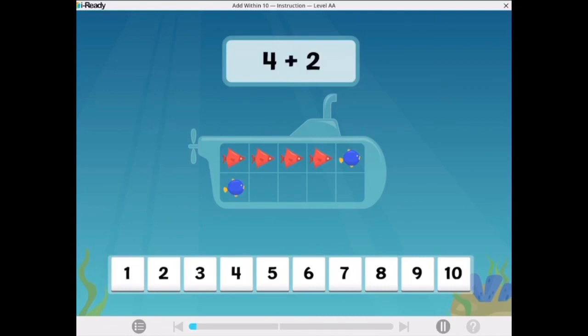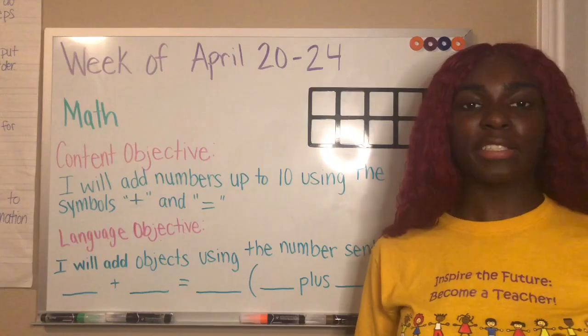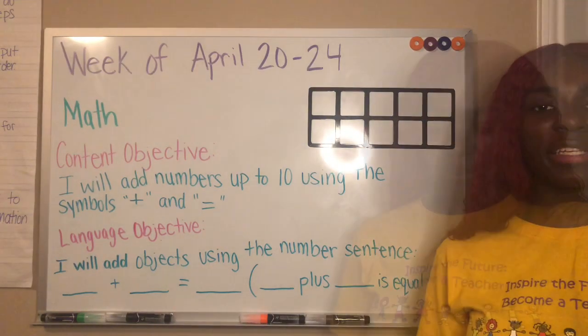Count with me. 1, 2, 3, 4, 5, 6. Good. We should have 6 fish. So therefore, 4 plus 2 is equal to 6.